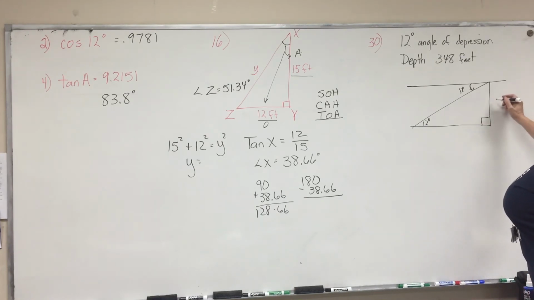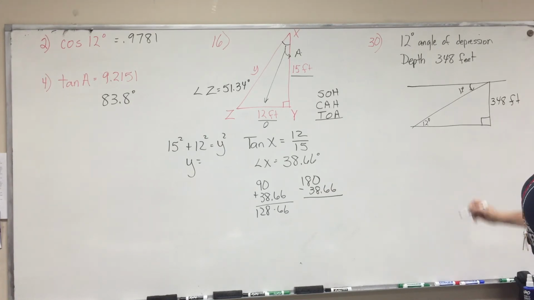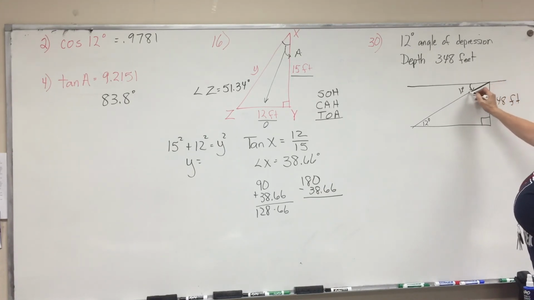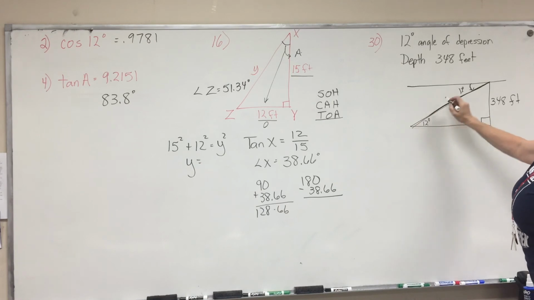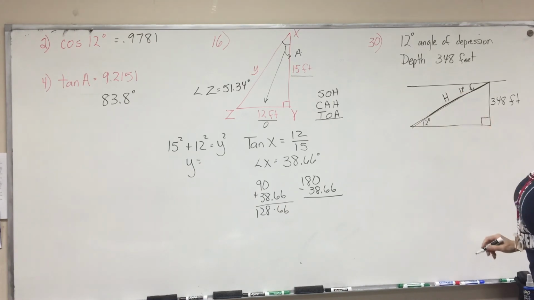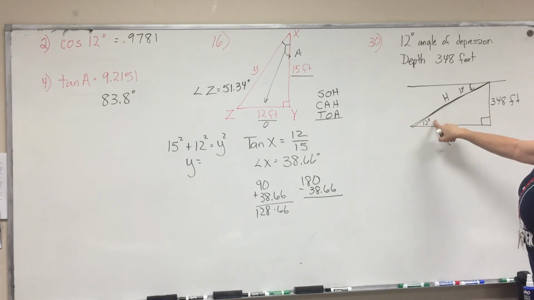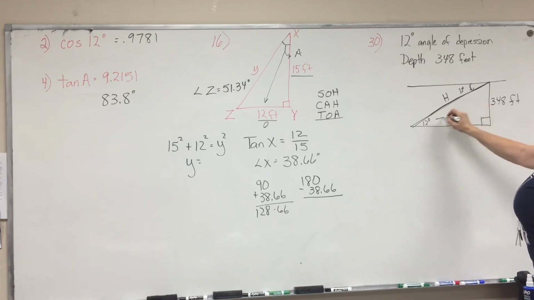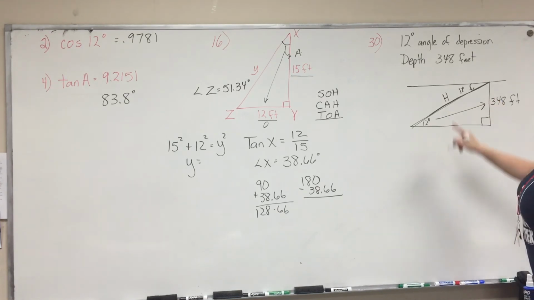The depth is 348 feet. So it wants to know how far it has to travel to get to that depth. So you are looking for the hypotenuse. So if you look, this is the side opposite 12, and that's the hypotenuse, and you're looking for the hypotenuse.